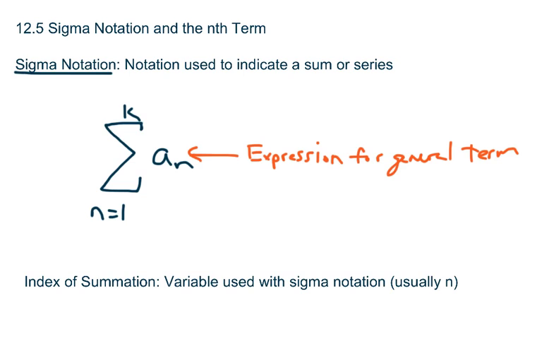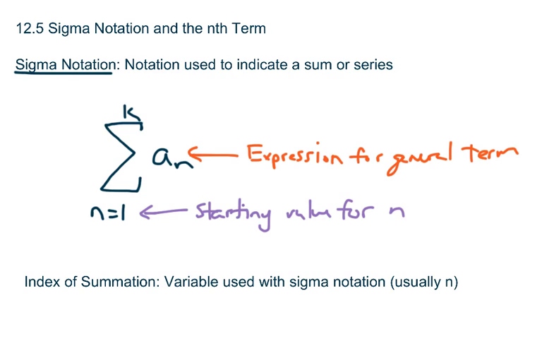The number on the bottom, the n equals 1, this is your starting value for n. If we're starting with the first term, that will say n equals 1. If we're starting with the fourth term, it will say n equals 4. If we're starting with the 10th term, it will say n equals 10. Whatever term we're starting with will be on the bottom.